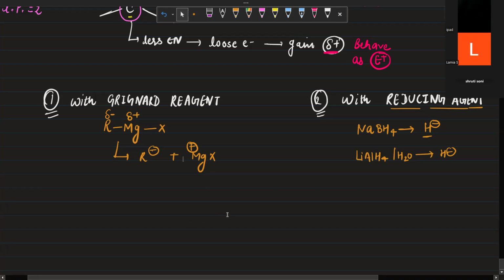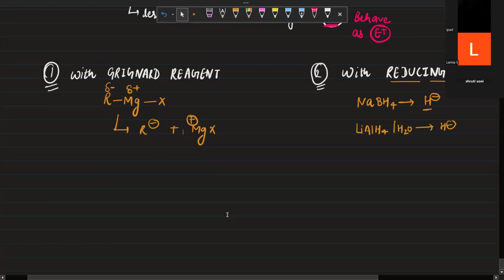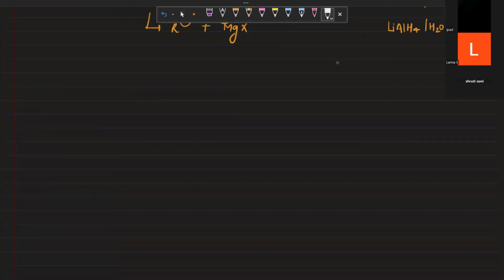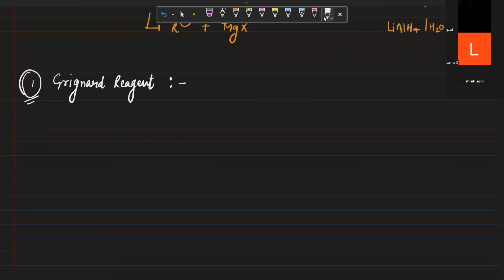Okay, so now we will start with the first reaction, that is from Grignard reagent. Firstly, I need to take a carbonyl group.